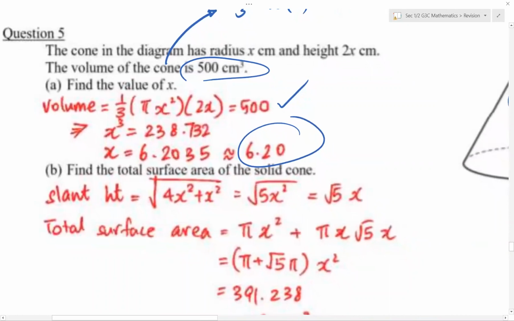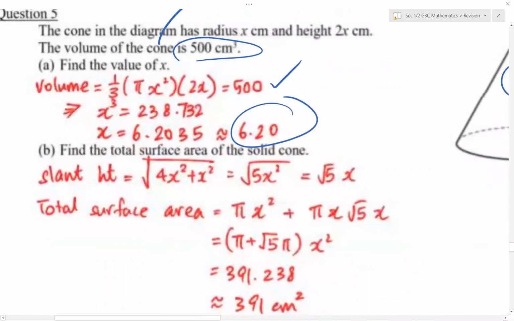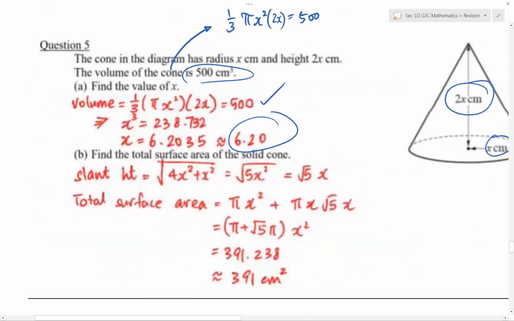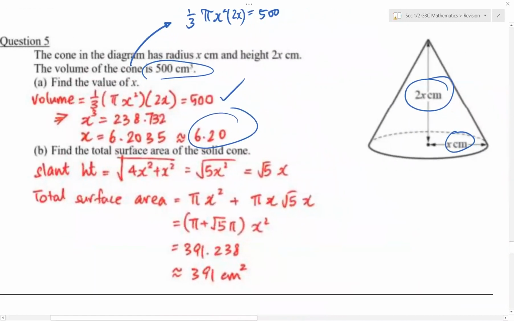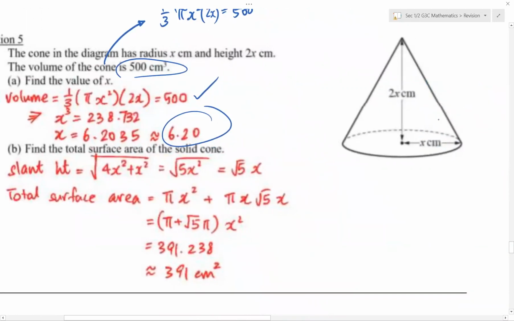So slant height is required to find the surface area, because surface area will be the base area pi r squared plus the curved area, which is pi RL. Pi RL is the formula that is given to you. You need to know that L is the slant height.